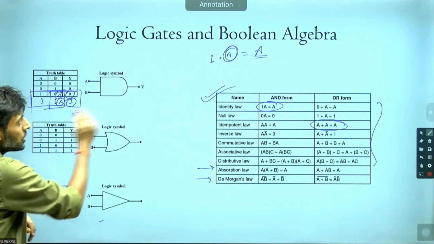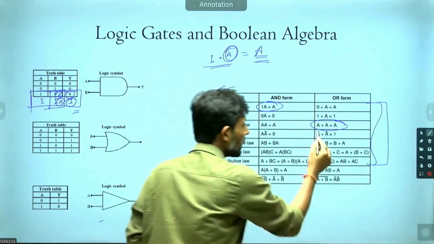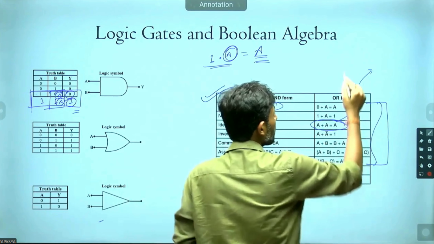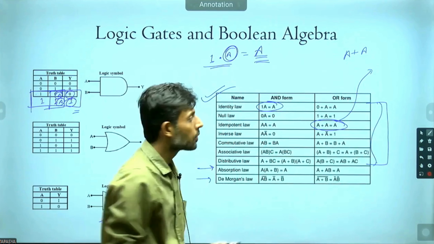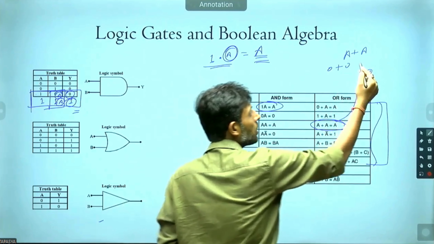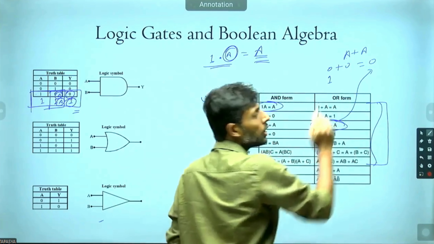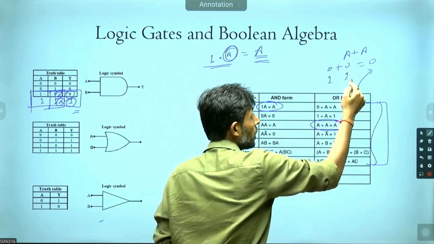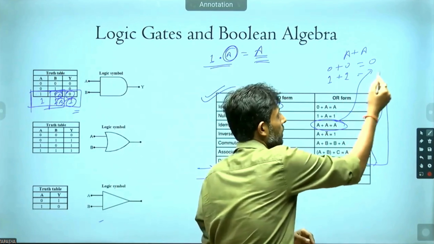Similarly, if you take a look at all these, you would understand this part is easy. Okay, you can understand that. Let's take an example of this one, okay? A or A gives you what? Let's take 0 or 0. Gives me 0. Let's take 1. If you've taken the A value as 1, this A is also 1. 1 or 1 gives us 1 again.